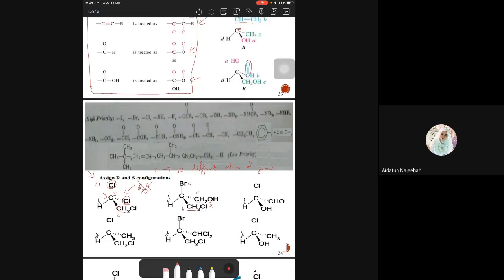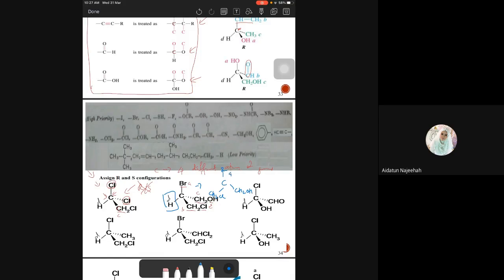After you have determined this, only then can you determine whether it is an R or S configuration. If you cannot visualize it this way, I always advise you to convert it into a more 2D shape by omitting the hydrogen or the D group. So you draw C with your Br, and then CH2OH, and then CH2Cl.